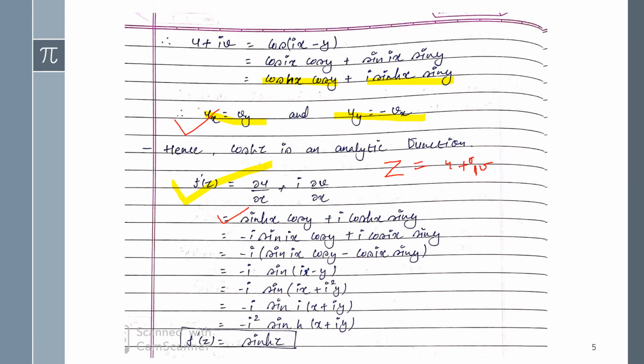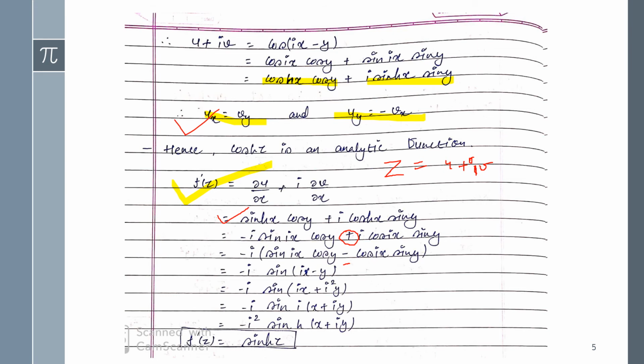And from this we can take a common component i. So into the bracket it would be the remaining parts, sin ix into cos y. Also I am taking out its negative sign, so in place of this positive sign, this one will be negative. And already we took out i common, so it will be cos ix into sin y.